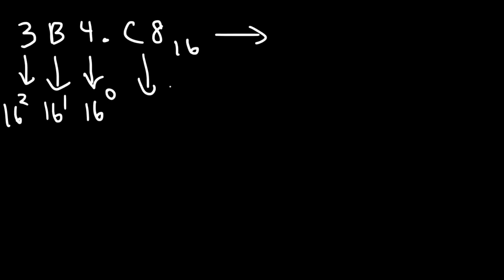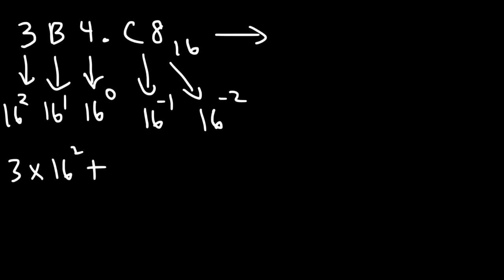But what about the digits to the right of the decimal point? Well, notice the exponents. As you go from left to right, they're decreasing. The next integer less than 0 is -1. So we're going to multiply C by 16 to the -1 and 8 by 16 to the -2. So let's write this out. So we have 3 times 16 squared, and then let's change B to its decimal value.